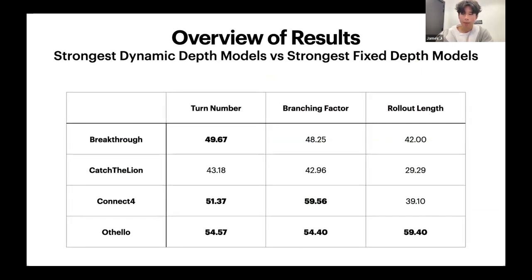But I think the biggest consideration is that the dynamic depth models have potential to improve, because we use quite simple heuristics. It's easy to imagine that you can use better heuristics and improve the performance of your dynamic depth models. Whereas the fixed depth models, they're fixed, so their performance will not change.